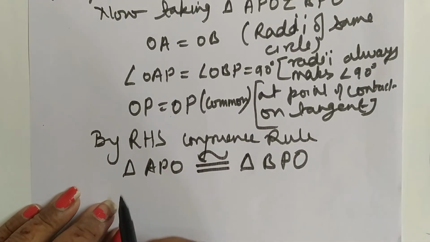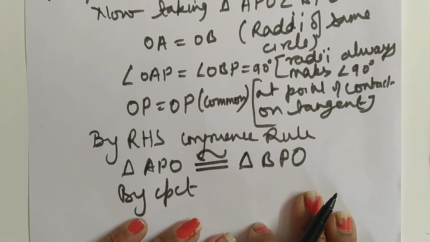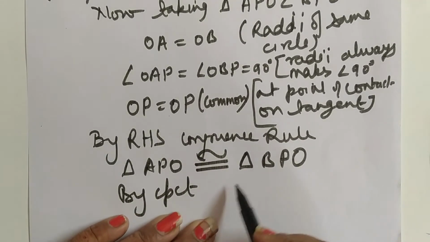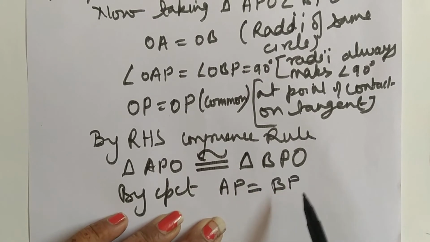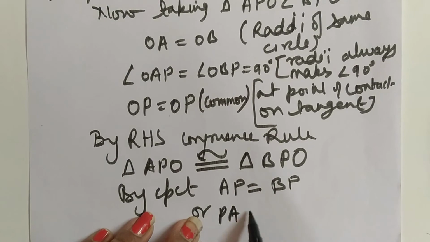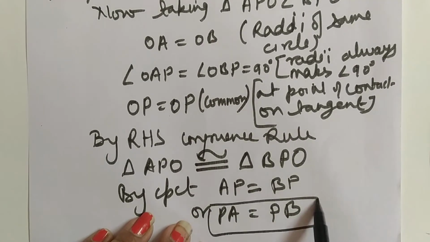And by CPCT, what is CPCT? Corresponding parts of congruent triangles. By CPCT, AP is equal to BP, or we can say PA is equal to PB. That is what we needed to prove.